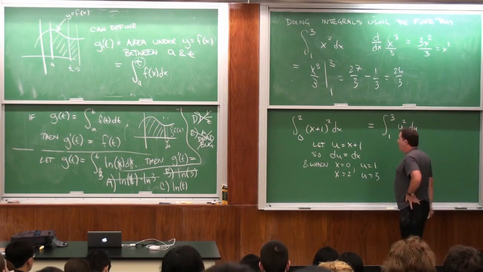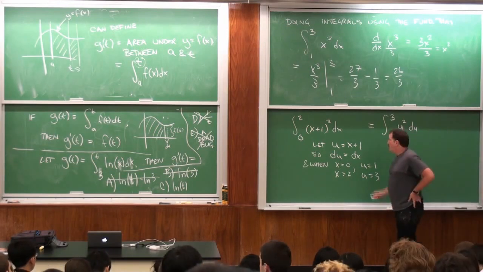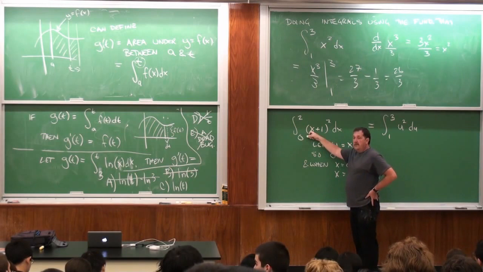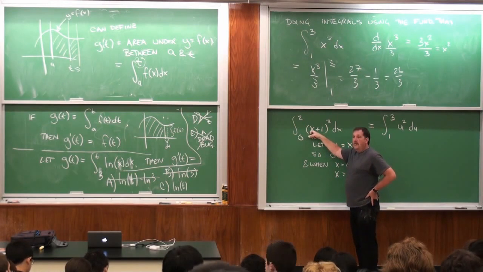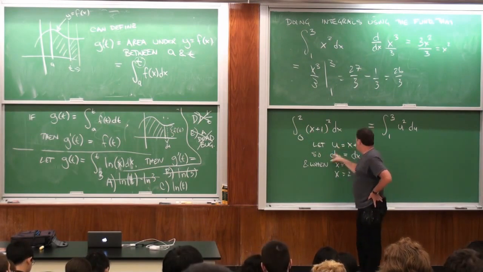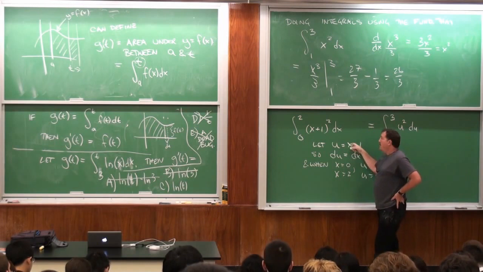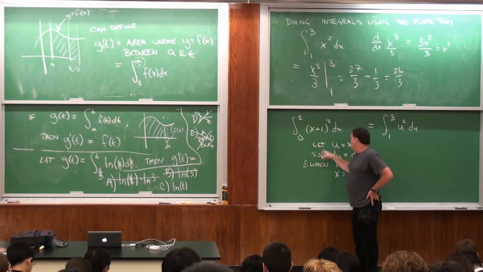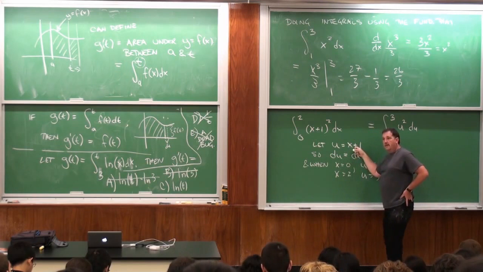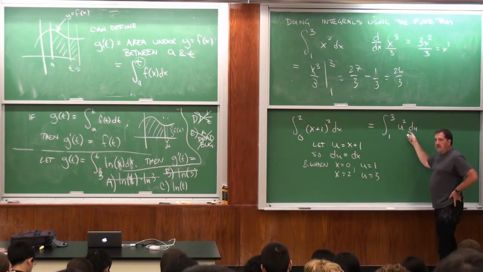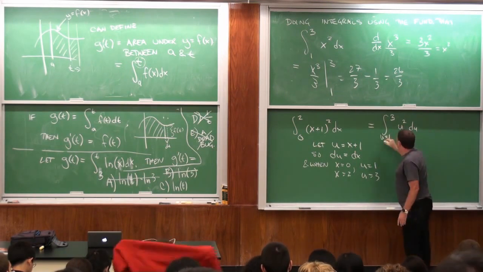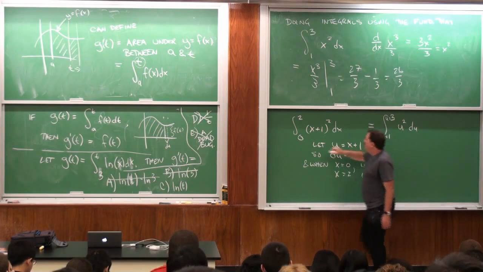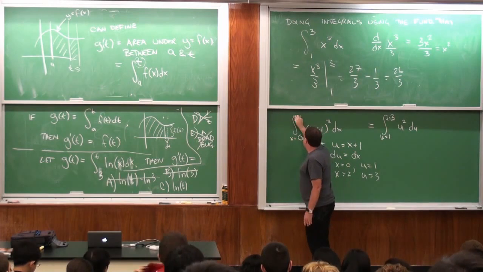Okay? No, from 1 to 3. So x goes from 0 to 2. When x is 0, u is 1, because u is x plus 1. And when x is 2, u is 3, because u is x plus 1.